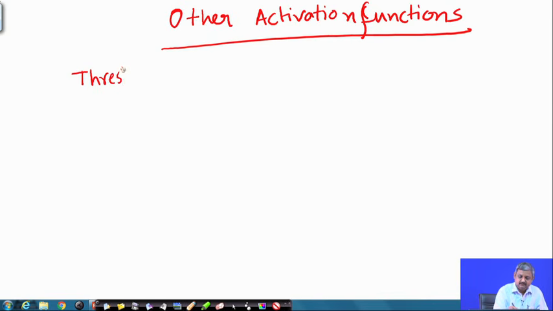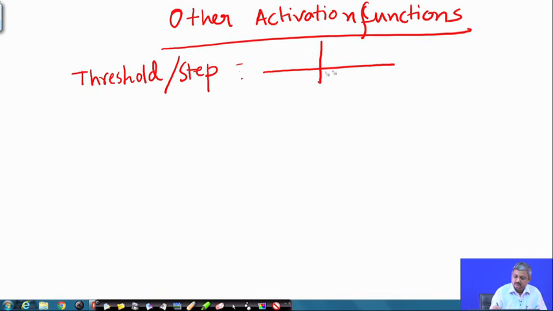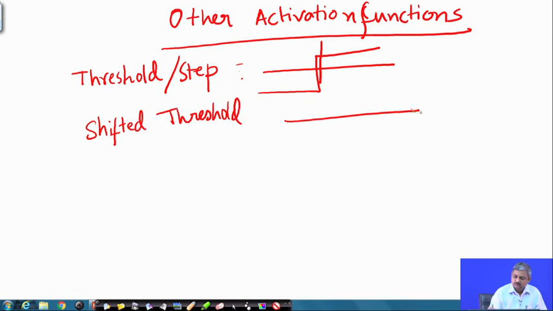Threshold, or sometimes called step also, is like this. Shifted threshold is like this.